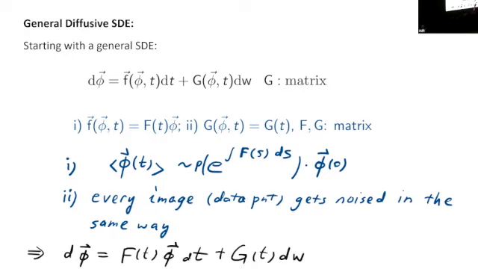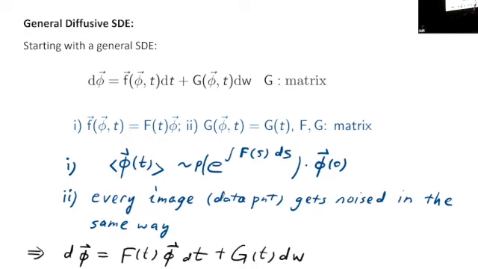Once you plug in these two assumptions, you get a slightly less general SDE that looks like this. Now let's look at what choices one has to make in order to get to the original diffusion model SDE that people write down.